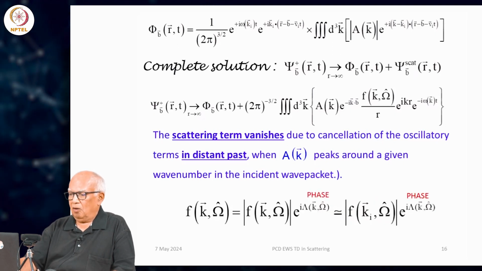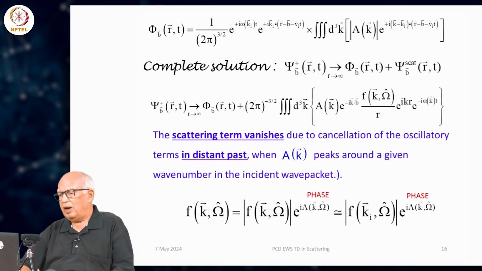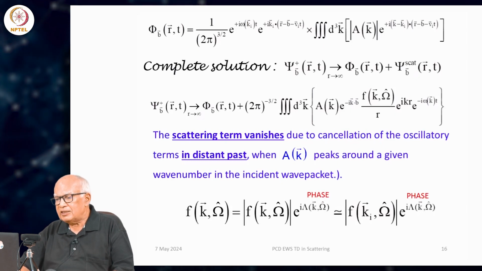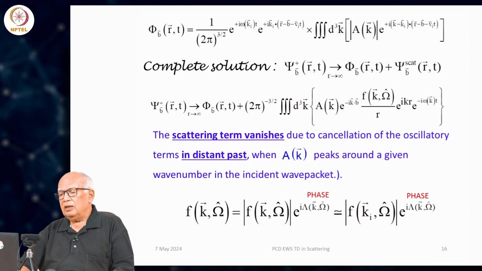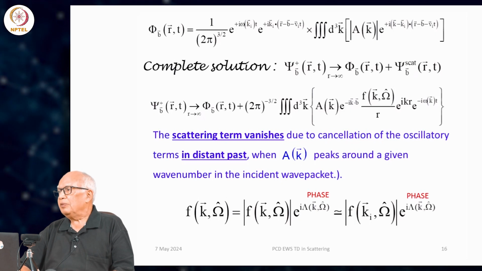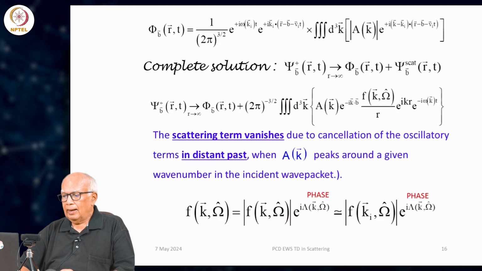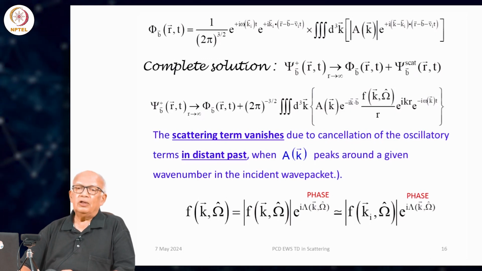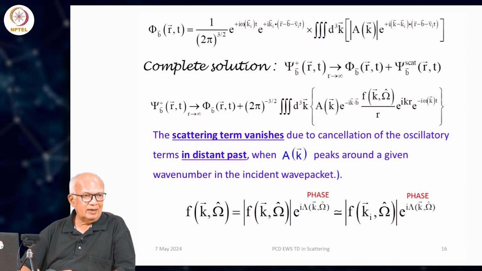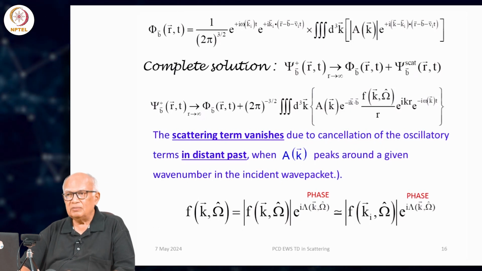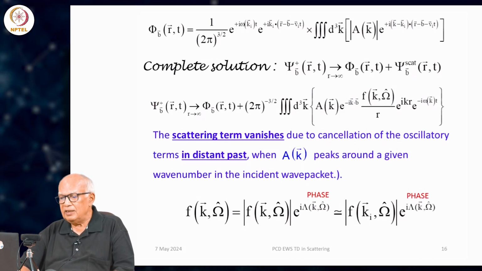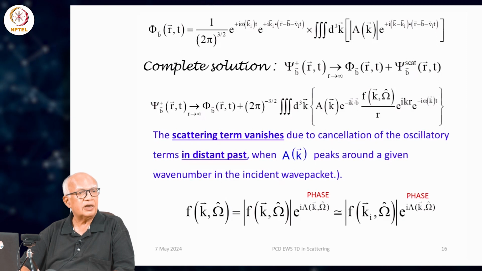So, all is good with reference to this, and now you have the phase. The scattering amplitude is a complex number, and I write it in terms of amplitude and phase. Just like you write any complex number in terms of amplitude and phase, I write this scattering amplitude, which is a complex scattering amplitude.